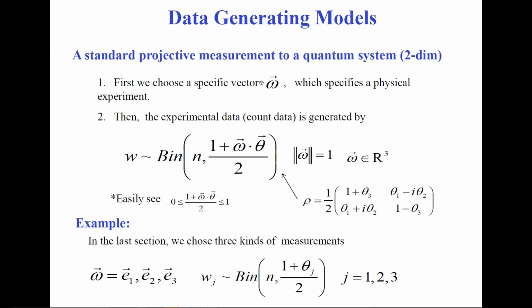Omega is a measurement vector we specify, so we can choose it any way. And theta is an unknown vector, which specifies the unknown quantum system described by the Bloch vector or density matrix.